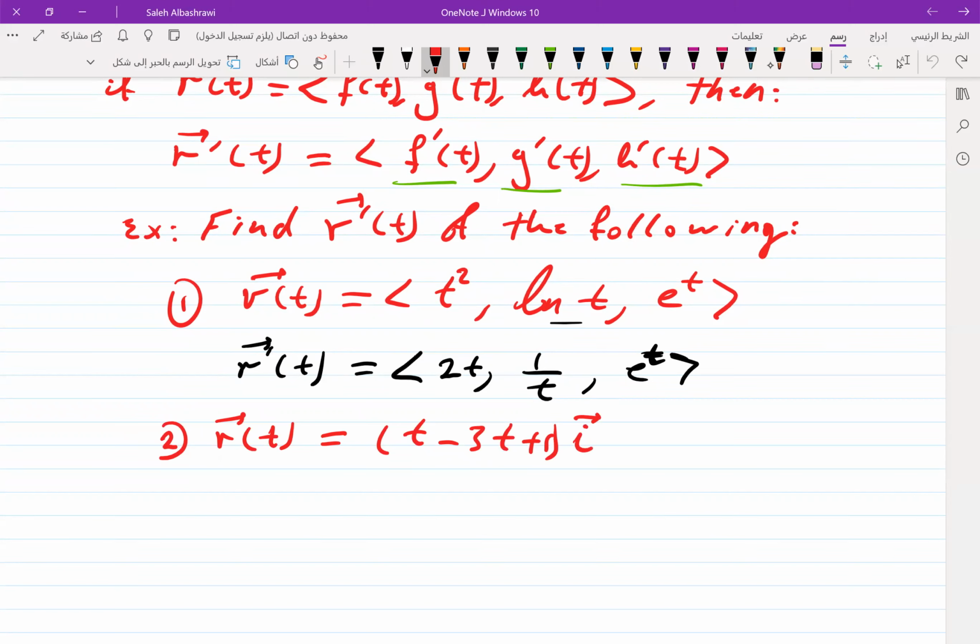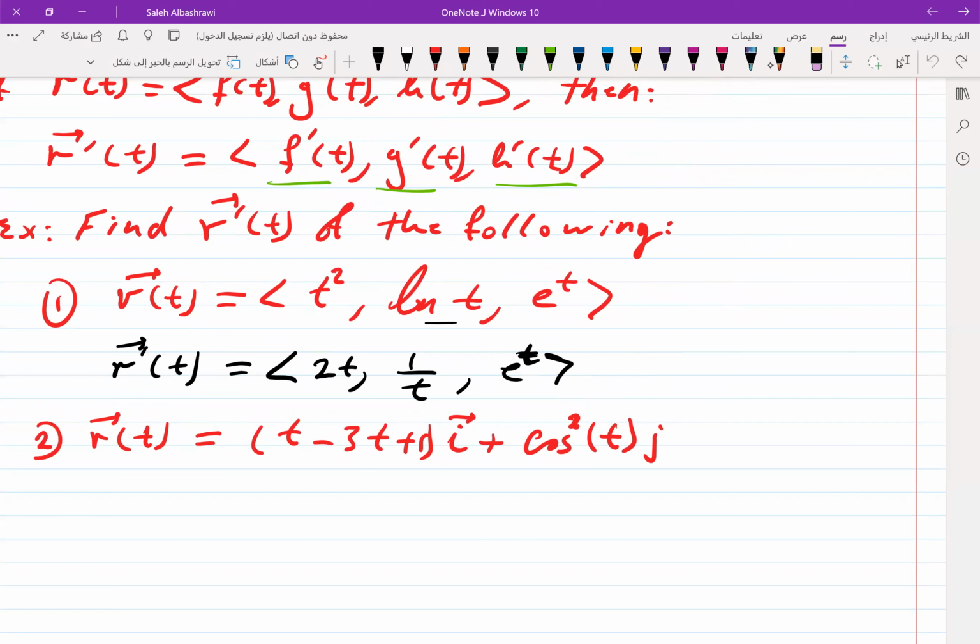This is the first component, plus cosine square of t j, plus, let's say, t multiplied by e to power 2t k. Now let's find the derivative for this vector function.